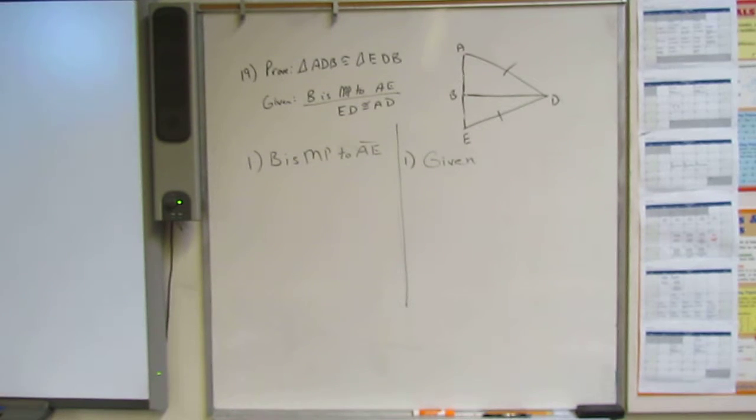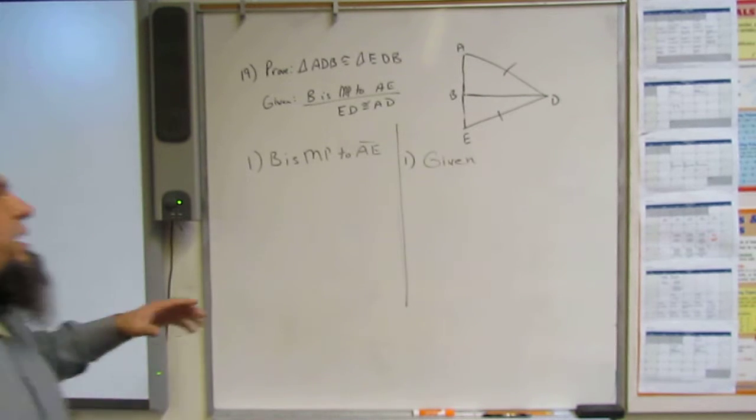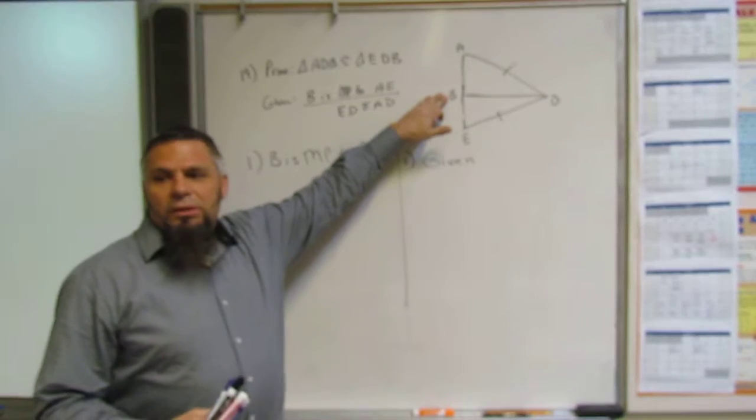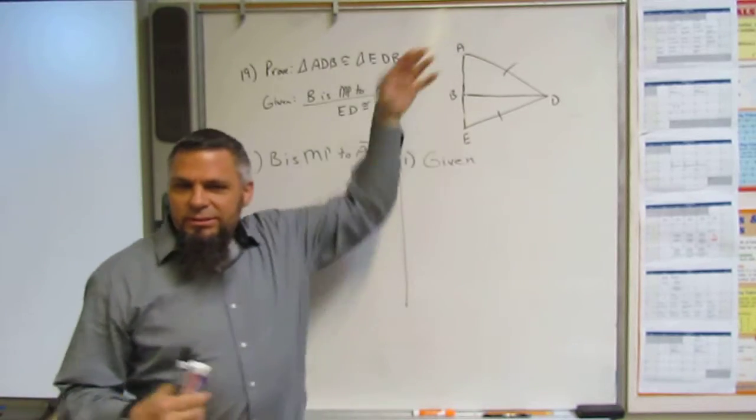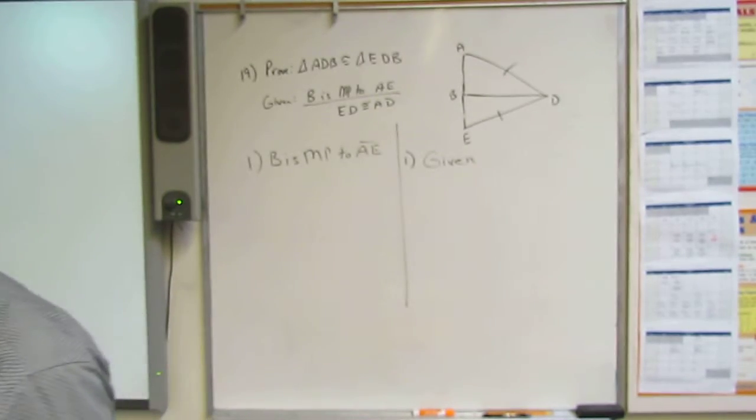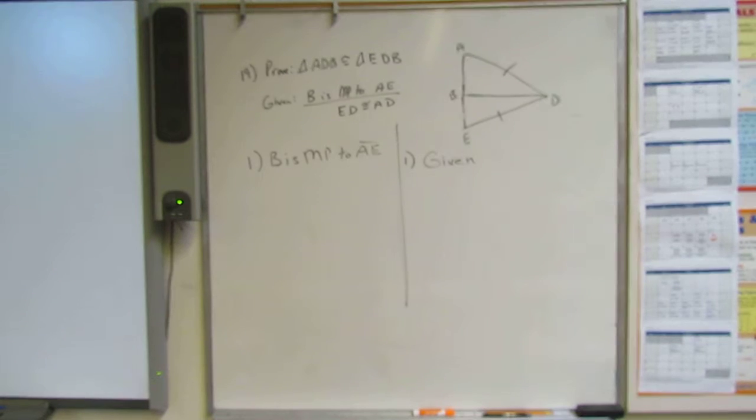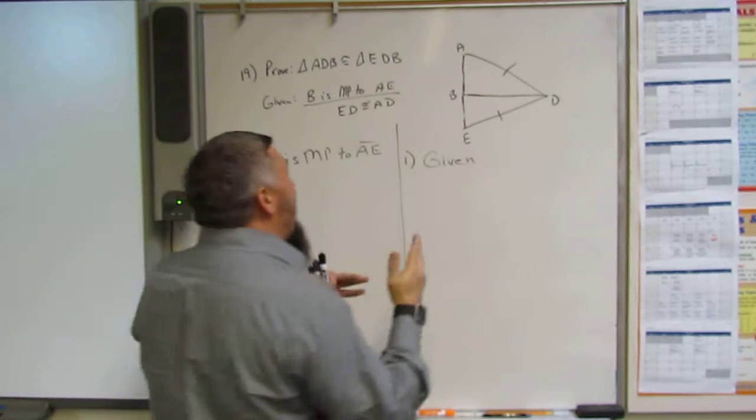What does it tell me when we have a midpoint, right? What does it tell me when B is the midpoint to this? Does anyone know? It's a bisector. Yeah. That means it's cut in half.